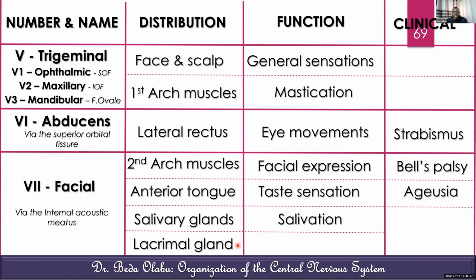Lacrimal gland is the gland that helps in production of tears. So again, if you affect that, it means that maybe there'll be reduced tear production. But I want to combine a concept here. Having said that facial nerve goes to the salivary glands, and also it goes to the lacrimal gland.